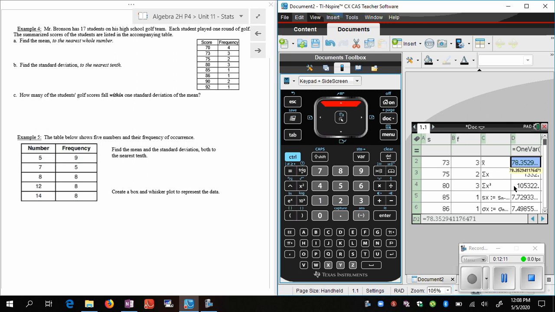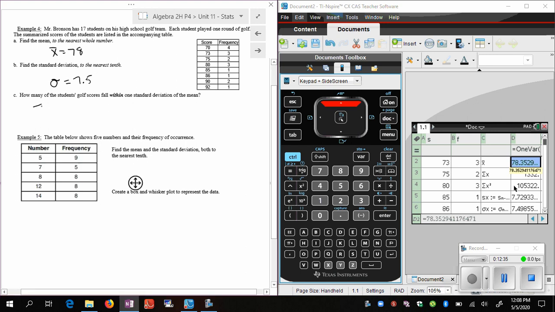All right, so we need the mean. The mean to the nearest whole number in part A is 78. And the standard deviation to the nearest tenth is 7.49, which rounds up to 7.5. How many of the students' golf scores fall within 1 standard deviation of the mean?